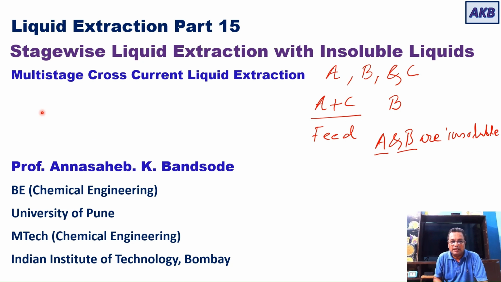At the end of today's discussion, you'll learn how you can write material balance for this operation, multi-stage cross-current liquid extraction. I have discussed a 3-stage cross-current liquid extraction operation. You'll learn how to plot the operating lines on the equilibrium diagram. So let us start the discussion.